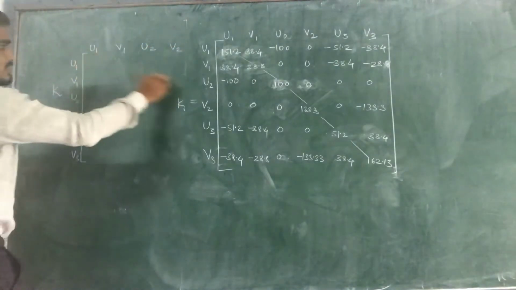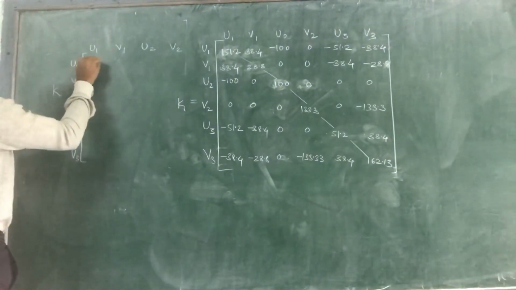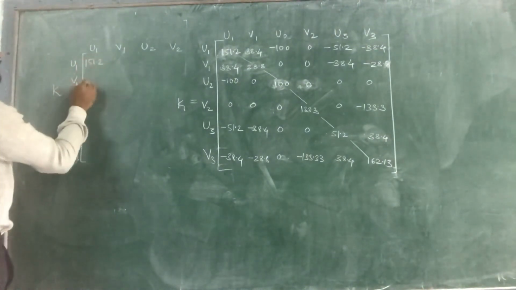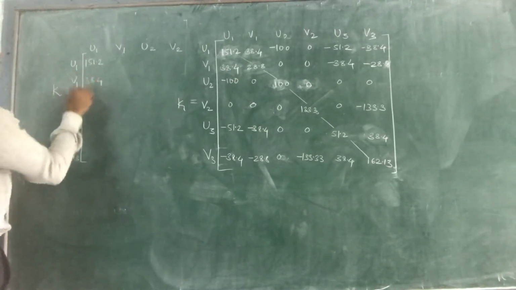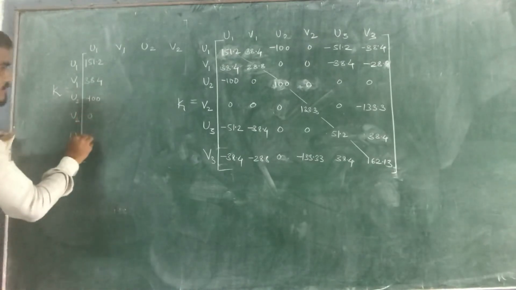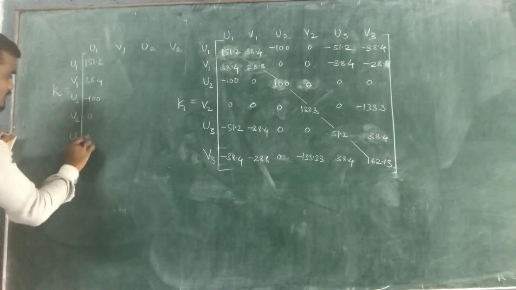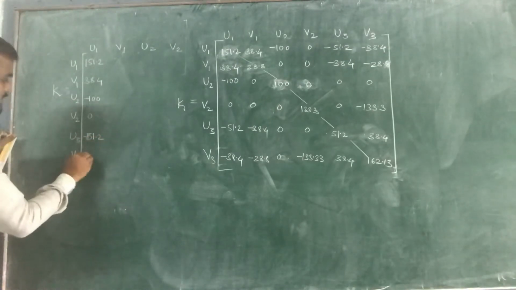We will write down this global stiffness matrix column wise. So 151.2, 38.4, minus 100, 0, minus 51.2, minus 38.2.